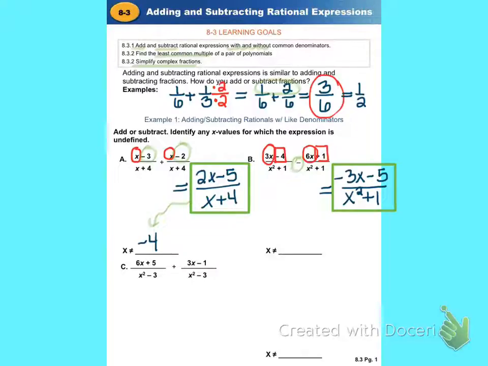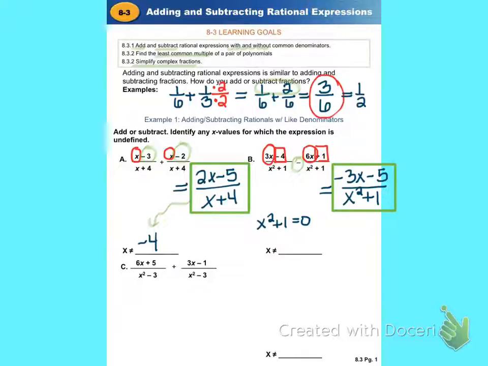So if I think about that, x squared plus 1 equals 0. And I want to know where this is undefined for the real numbers. Well, there's really nothing you could put in for x that would make this equal to 0, because there's no number you could square and get negative 1, which is what it would take to make that 0.